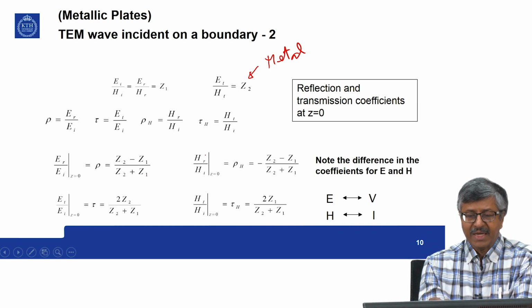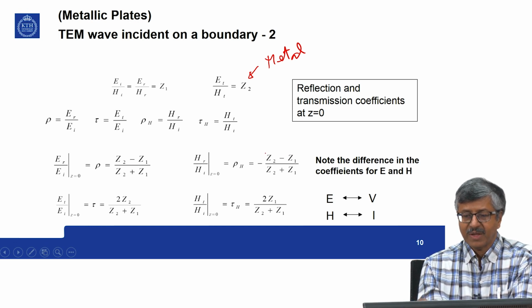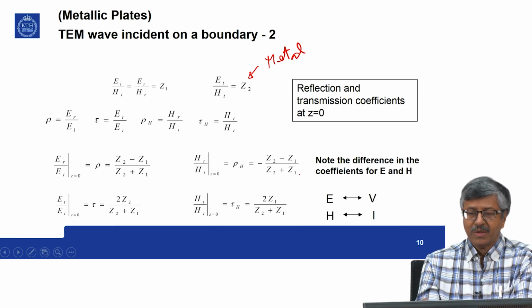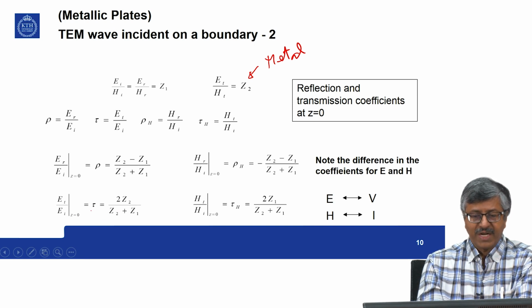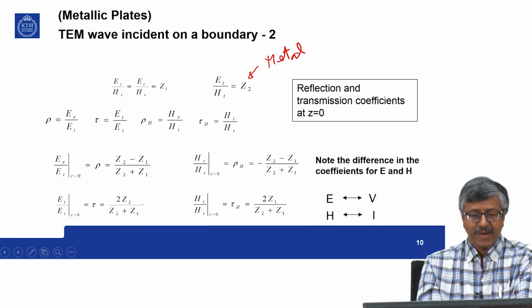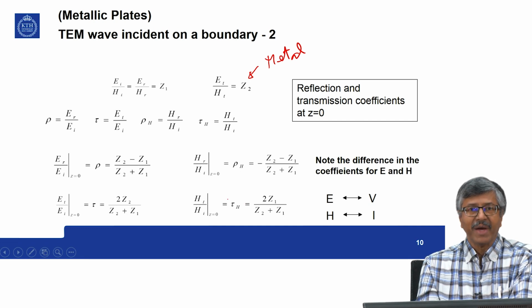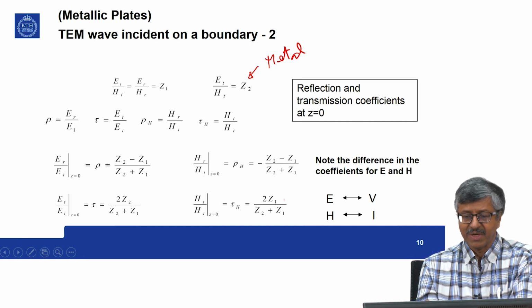Now, for the magnetic field it is negative of this coefficient, difference divided by sum. Now, for the transmission it is ET by EI equal to 2 times Z2 by Z2 plus Z1, and for the magnetic field it is 2 times Z1 by Z2 plus Z1.